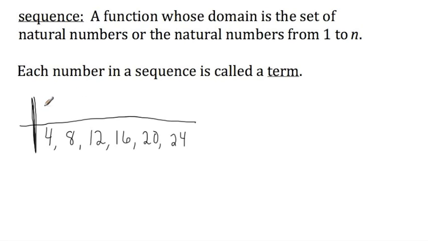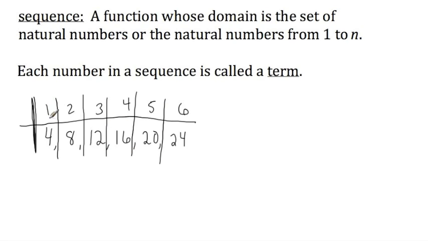So that would start with a 1, 2, 3, 4, 5, and 6. In other words, in a sequence, all we're doing is numbering each of our terms. So the first term in this sequence is 4. The second term in the sequence is 8. The third term in the sequence is 12.